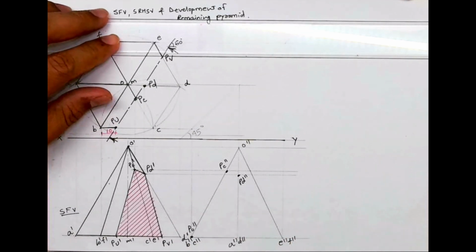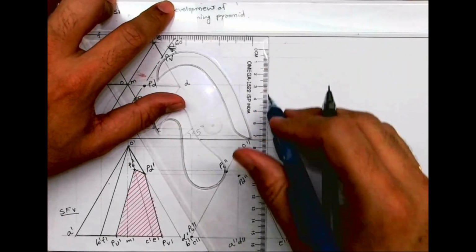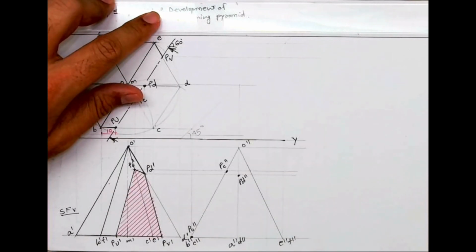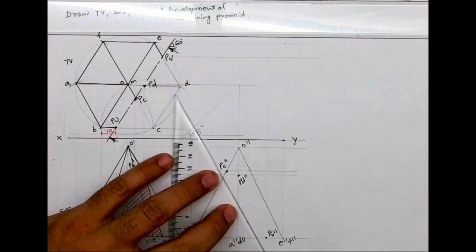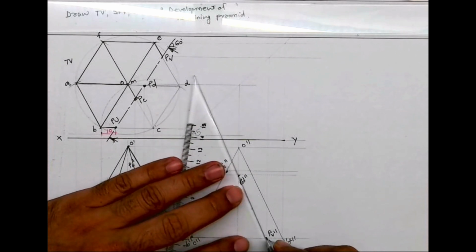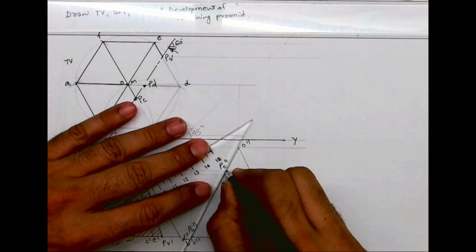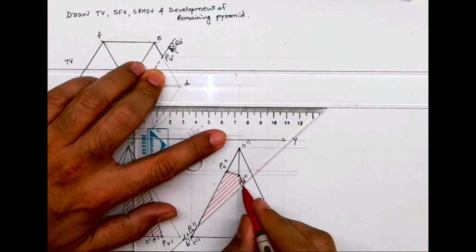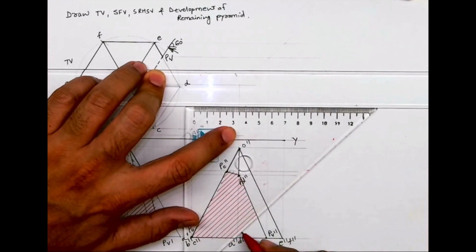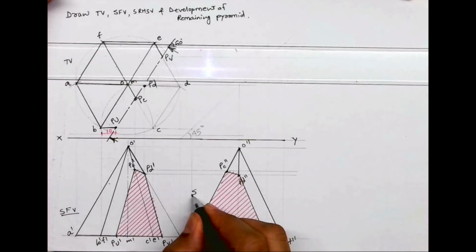This is PU double dash and this is PV double dash. Then you join like this. So this is the side view. So we are done with the sectional side view.